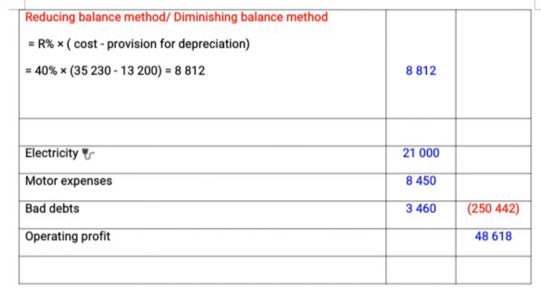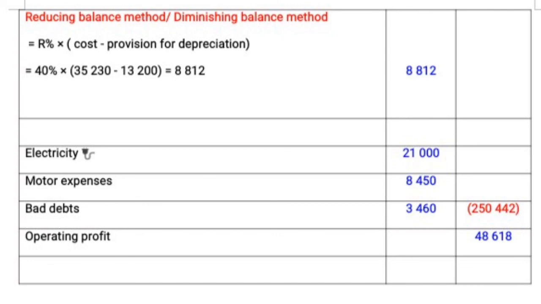You get 250,442. Then you have to deduct it from the gross profit of 299,060. You will be left with 48,618, which I'm going to name operating profit. Why? Because we have deducted all other expenses, but we have not yet deducted the loan interest. So operating profit refers to the net profit before loan interest, right?